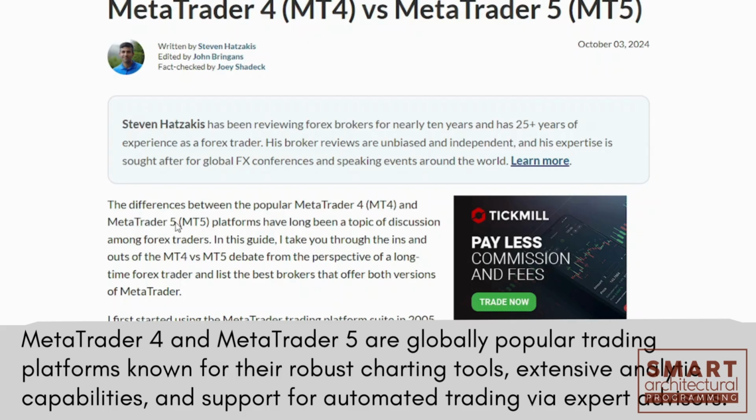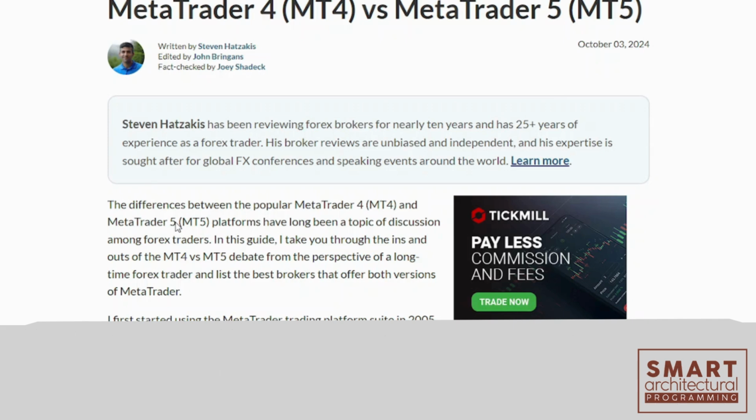When applied to options trading, MT4 and MT5 provide advanced analytical tools, which give us a comprehensive suite of indicators and charting tools to analyze price trends. They offer customizability, which is the integration of tailored expert advisors to automate strategies. And they have a very user-friendly interface, which is intuitive in design for both novice and experienced traders.